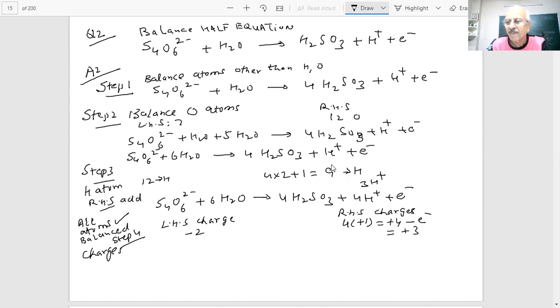Minus 1. Or you'll have to add minus 5 then. You have to add 5 electrons. Then minus 5 plus 3 will become minus 2. So 5 electron and 1 electron, what is the total?